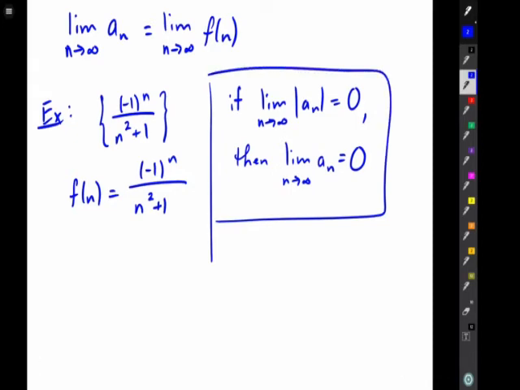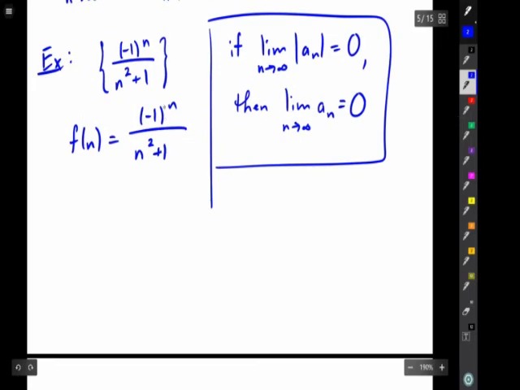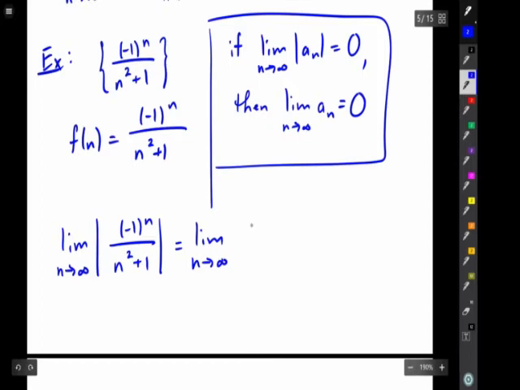So what that's essentially going to allow us to do is ignore this (-1)^n. So let's take the limit as n goes to infinity of the absolute value of this. So this is the limit as n goes to infinity of 1 over n squared plus 1.